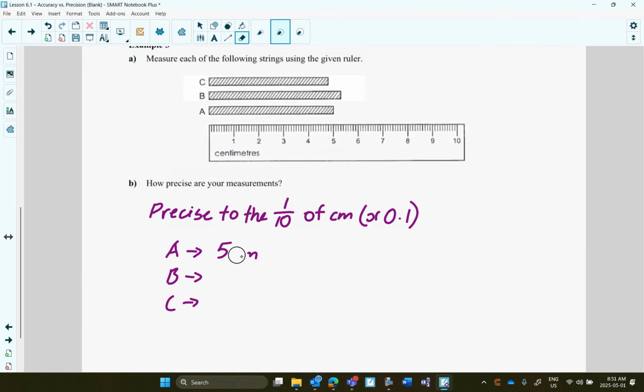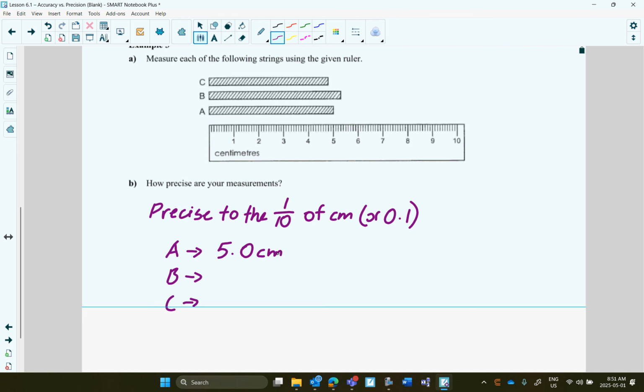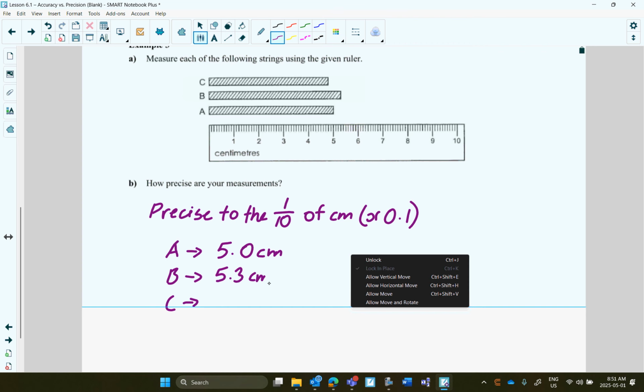Because remember, we have to go to the 10th, right? So technically, you should say 5.0, because we're asked to be precise to the nearest 10th. B, 5.3 looks like. Just count the notches from 5. And C, 4.8.